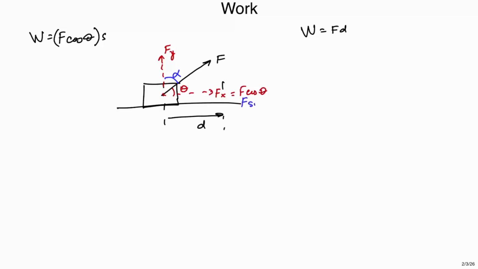Well, this is sine alpha. So you either have to learn to find the angle between the vectors, or just use a skill that you should already be developing anyway, which is find the component, the piece of the force that points in the same direction as the displacement.